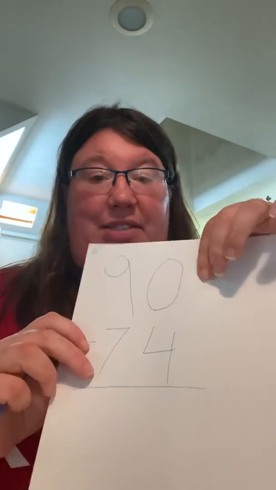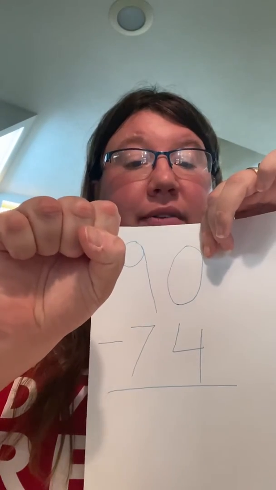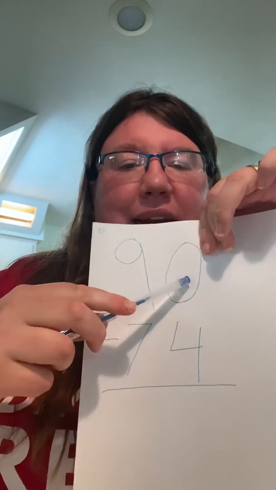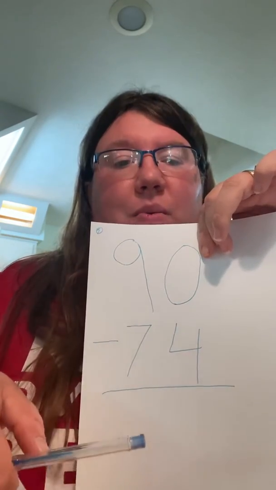So if we have 0, can I take away 4? No. That means that we need to do what? Borrow. We need to borrow. So we borrow from our 9, and our 9 then becomes an 8.